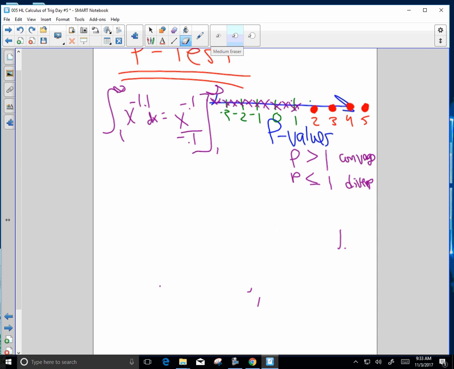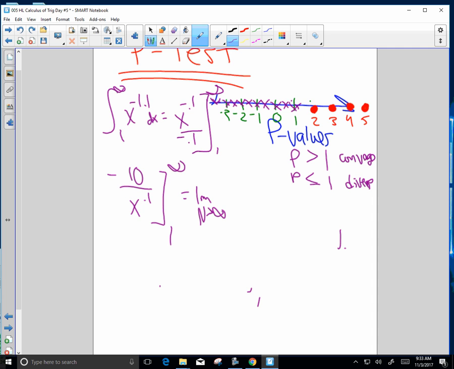So let's see. You'll get negative, it's actually 1/10, so it's 10 over x to the point 1 going from 1 to infinity. So the limit as n approaches infinity of negative 10 over n to the point 1, and then minus a negative 10 over 1 to the point 1, which is 1.